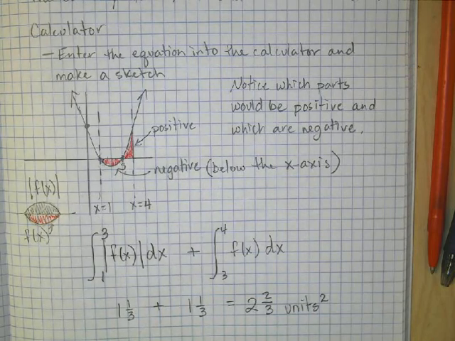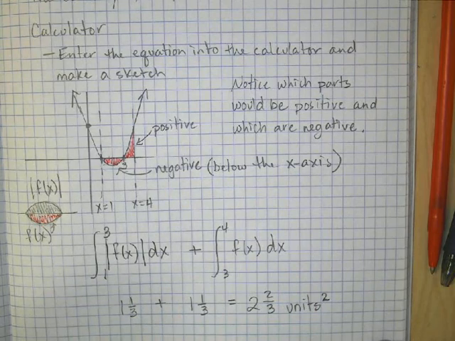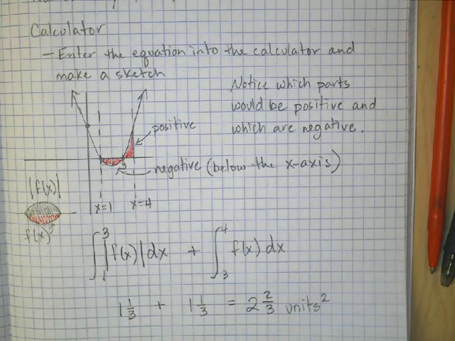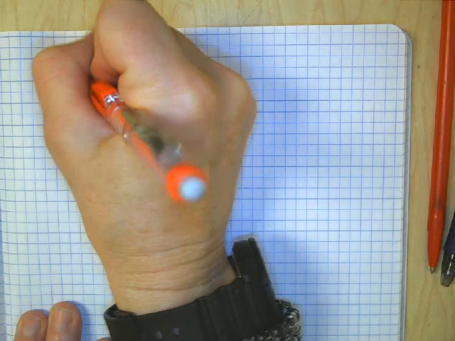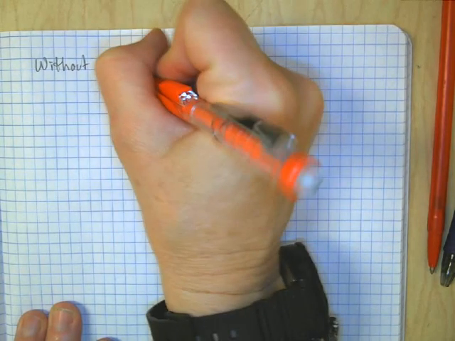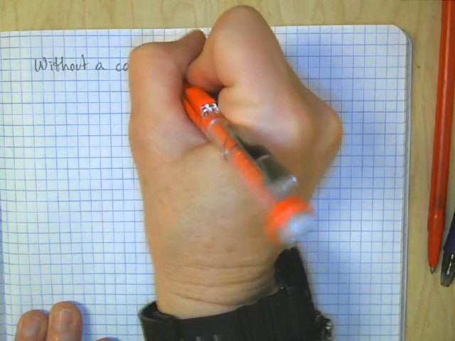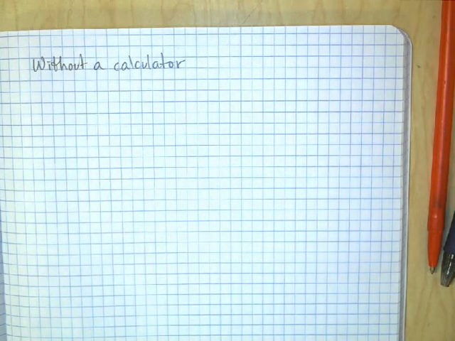Okay, so now we're going to do the same problem again, but by hand. I'm going to turn the page and do the same thing, but without a calculator. Without a calculator, of course, it's significantly harder.